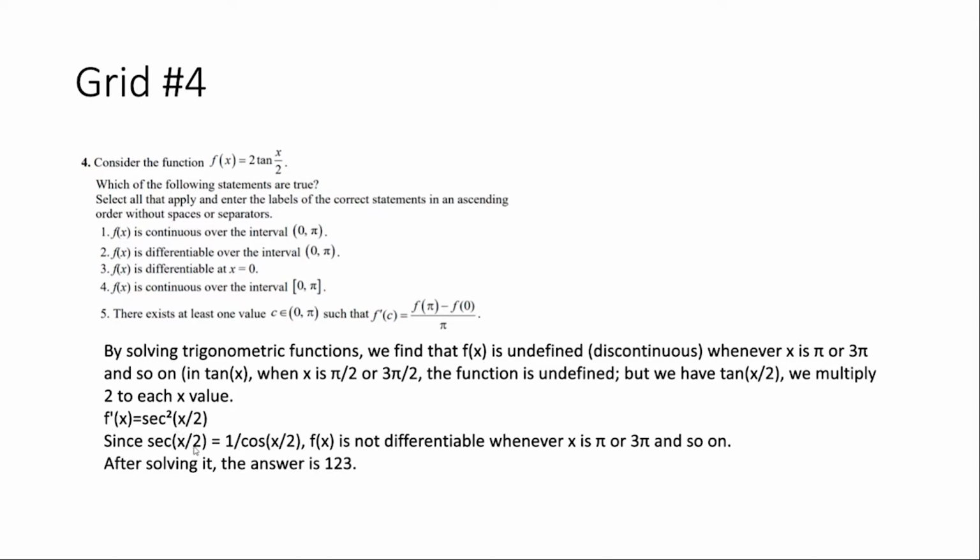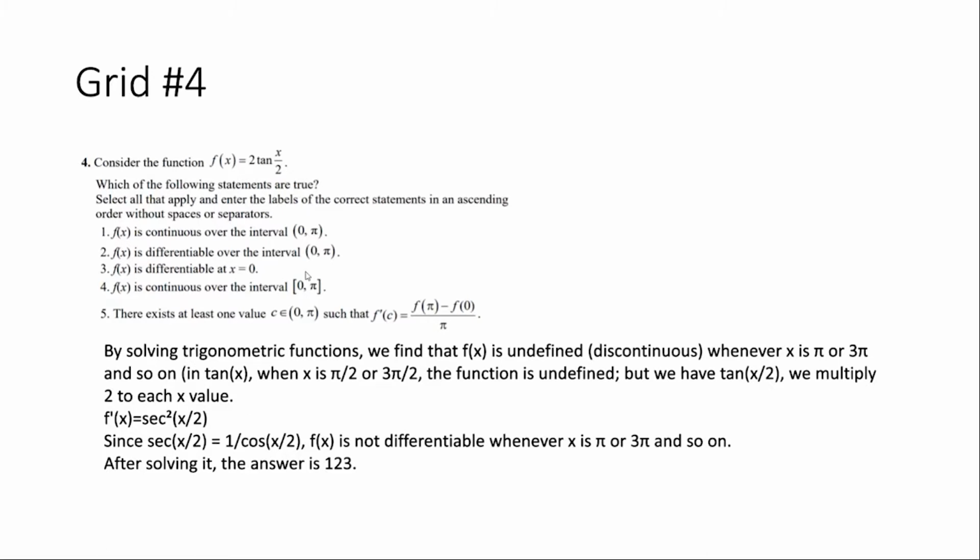We know that secant x over 2 is the same as 1 over cosine x over 2. So f of x is not differentiable when x is pi or 3 pi, because if you substitute x as pi in 1 over cosine x over 2, you'll get 1 over 0, which gives you undefined. So it's not differentiable at pi.